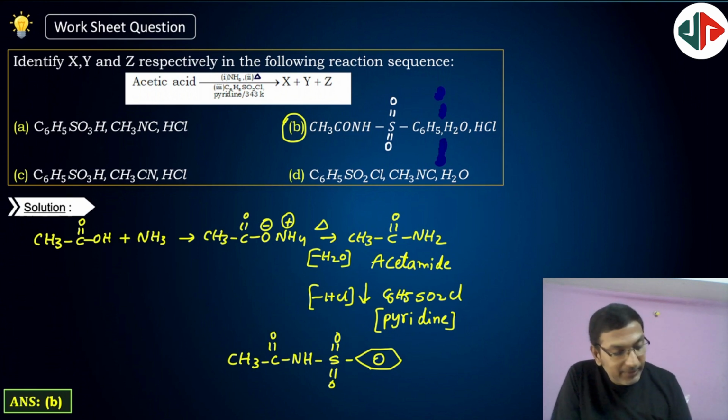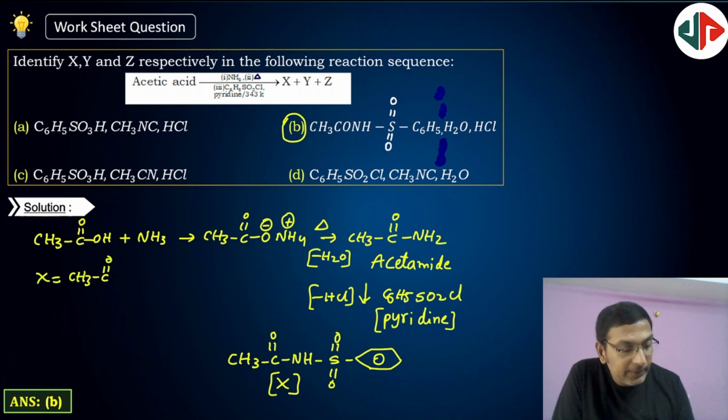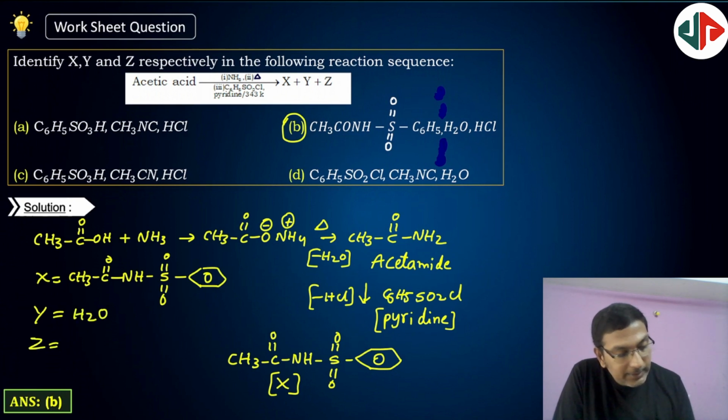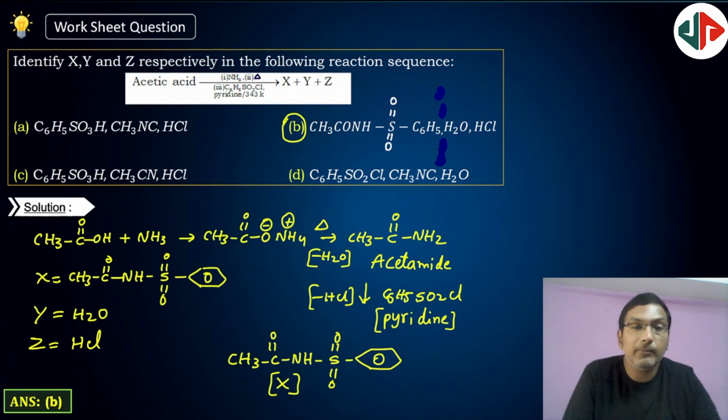So first I am taking the final compound as X. X is CH3CONHSO2C6H5. Next, say Y is H2O and Z is HCl. So option B. In any way you can take X, Y, Z. So the main compound is X. The remaining Y and Z are byproducts H2O and HCl.